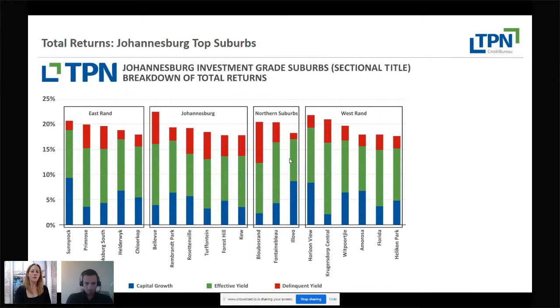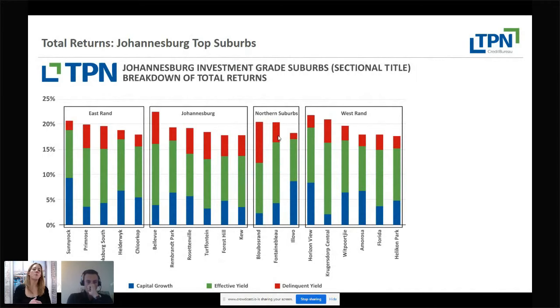So if you look at the full stack, you can see what your opportunity is from a full stack perspective, but you've got to budget in your risk factor. And then you could say to yourself as a landlord, you know what, that doesn't look great. If I just move to Fontainebleau, I've got a better capital growth opportunity and a much lower delinquency rate.